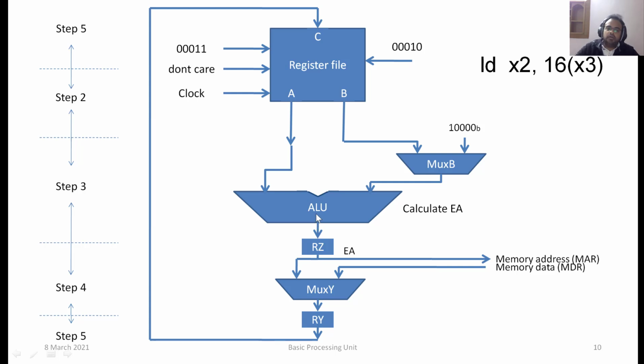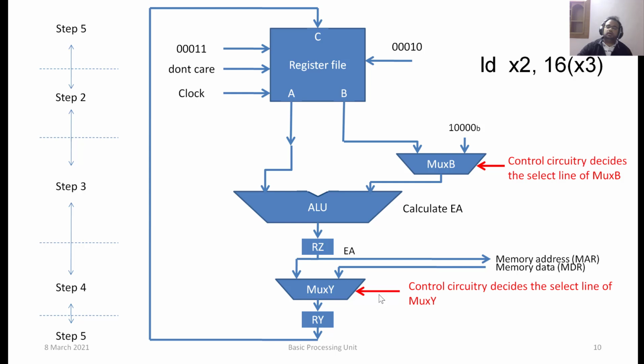For non-load instructions, the value in RZ would be forwarded to RY, right? For load instructions, it would be given from the MDR. So accordingly, we need to place the control select signal, which will be given by the control circuitry.